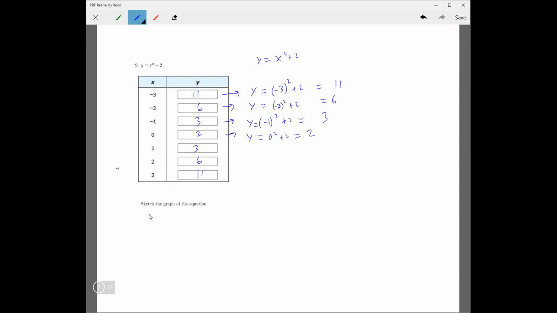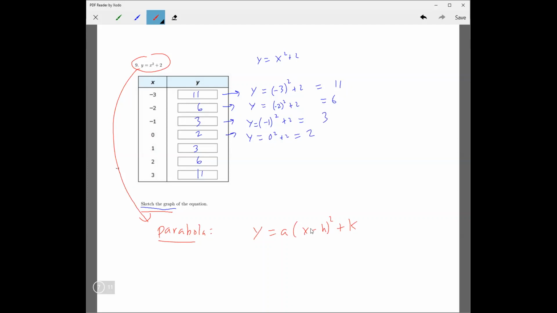Okay, let's go sketch the graph, and we'll do this on WebAssign. But before we do that, I want to point out that this is a parabola. We'll study these a little bit more in detail. So parabolas are kind of like this: y equals a times (x minus h) squared plus k.